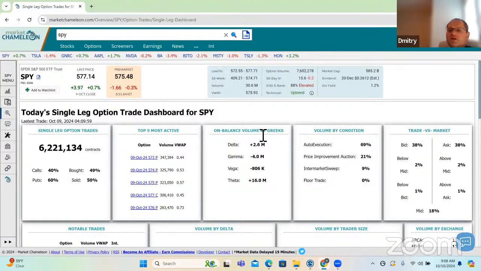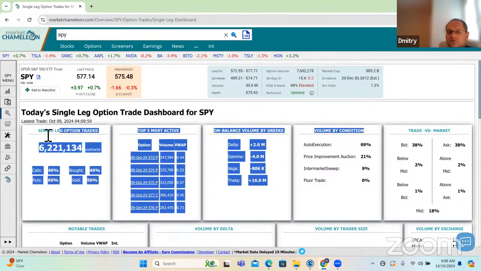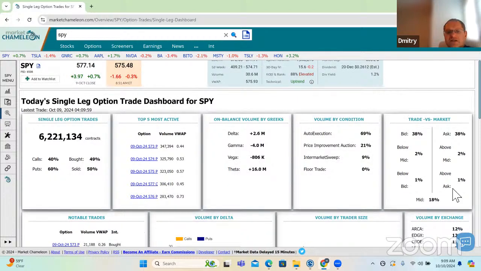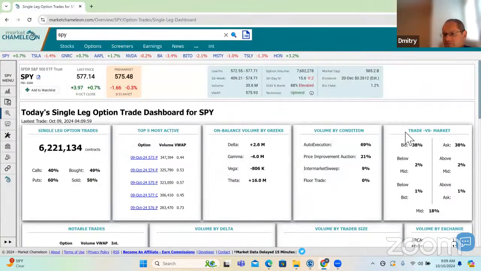And I think that we kind of went over the top four. We covered up to the volume by condition. So let's just continue looking at some of these other summary metrics.